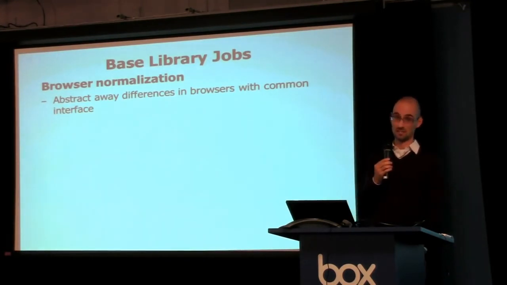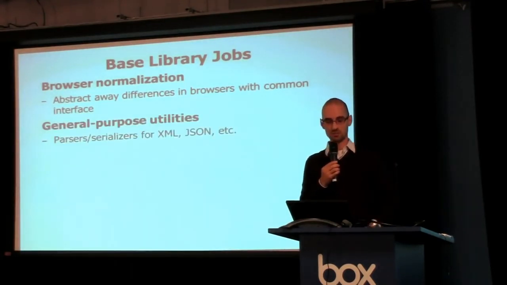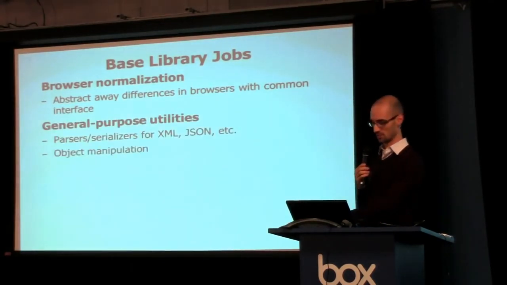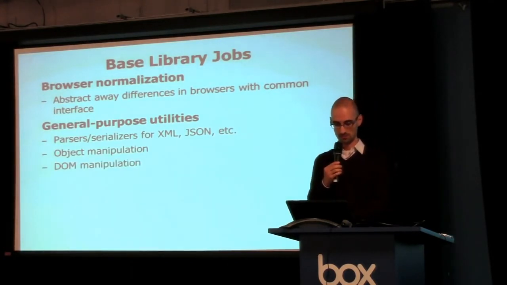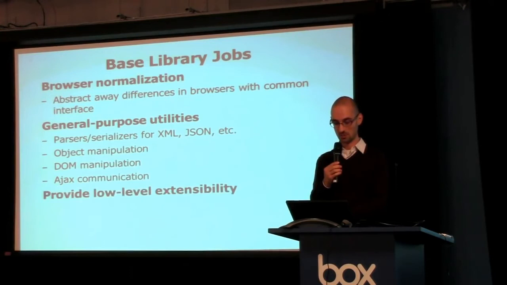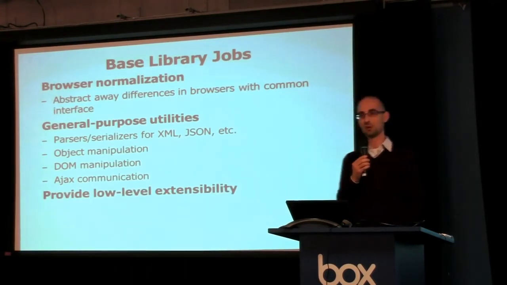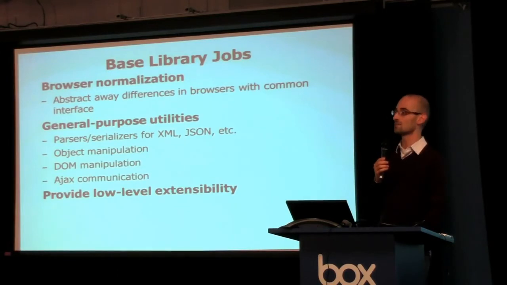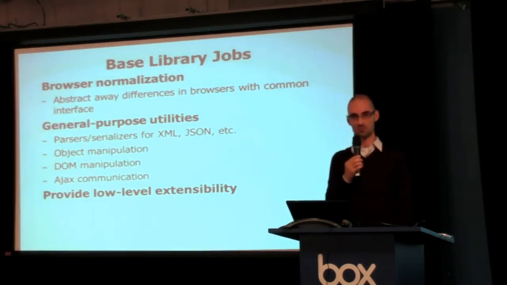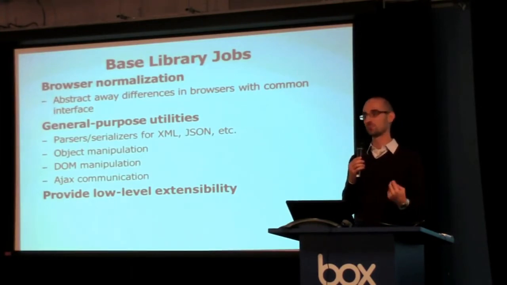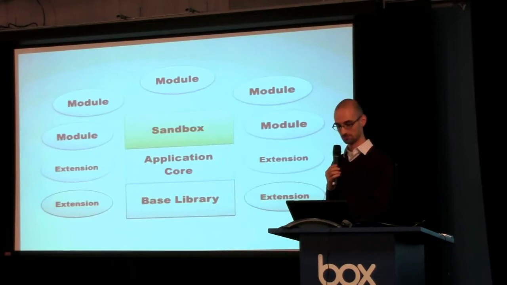You should never have to write that code. So it provides any general purpose utilities, so parsers, serializers, stuff like that, object manipulation, DOM manipulation, AJAX communication, all that sort of stuff. And it also provides low-level extensibility. So if you have to add something in that needs to know about what browser is being used, you add it as a plugin to the base library. That's where that functionality belongs.